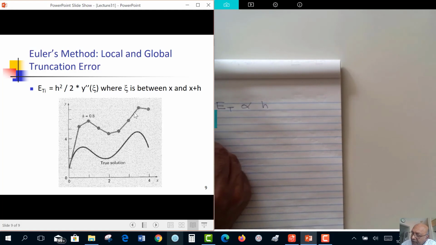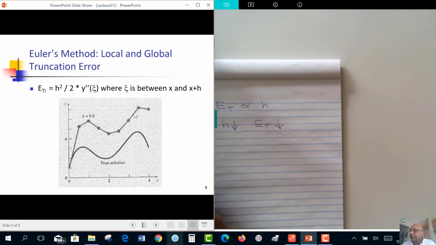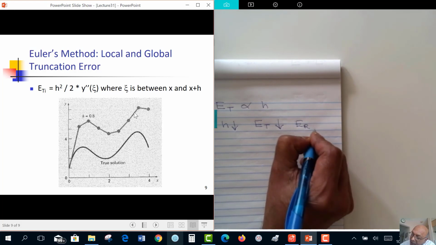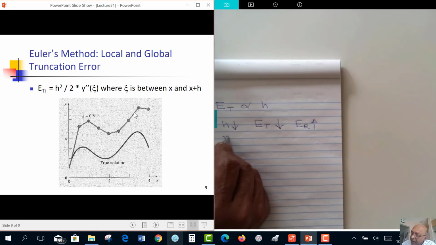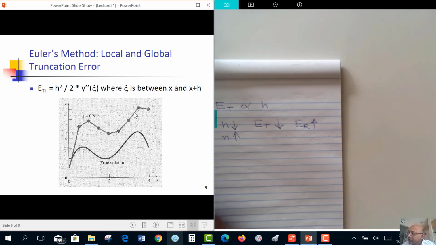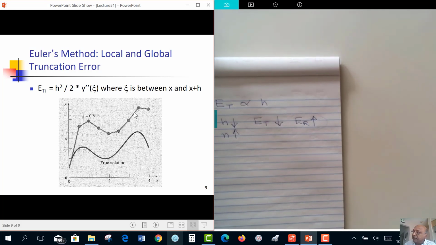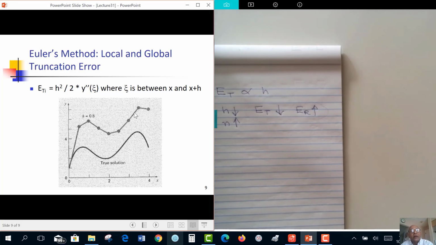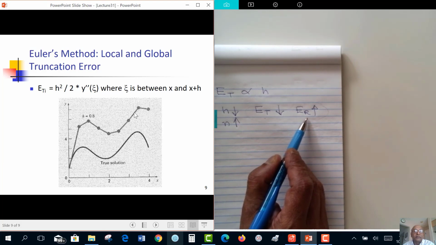So obviously, if we decrease h, we decrease the truncation error. However, we will increase the round off error because we'll be doing more calculations. Because as h decreases, the number of calculations, or number of strips, goes up. So remember we had this discussion last time when we talked about Richardson extrapolation and Romberg integration. So we have got to be careful here. If we use too thin a strip, we can increase round off error.